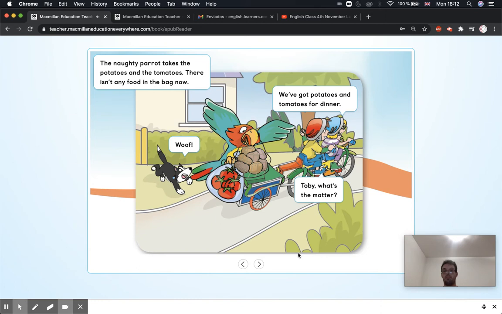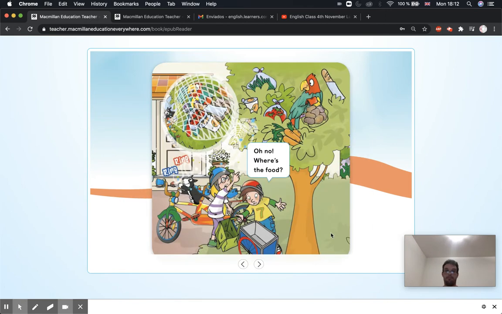There isn't any food in the bag now. Oh no! Where's the food? Look, there's a parrot in the tree. It's got our food.